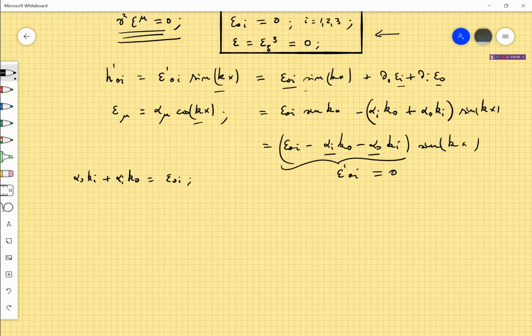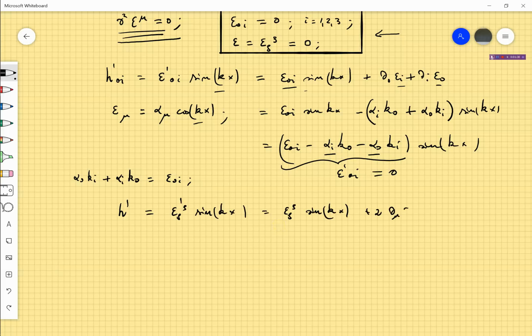Now, if you do exactly the same calculation for the trace, you are going to perform a transformation on h prime, because h prime is equal to epsilon prime rho sine kx, and now this is going to be the original h sine kx plus 2 times partial mu epsilon mu, and this partial mu epsilon mu is going to be minus k mu alpha mu, and sine kx, which we can now take as a common factor.